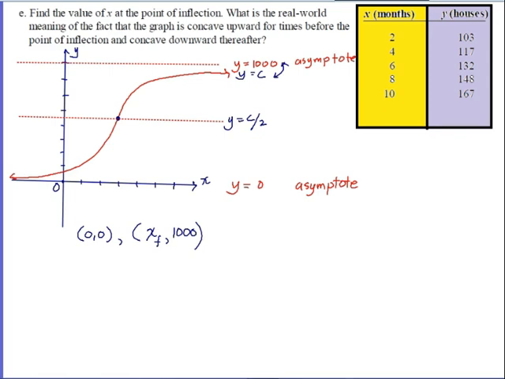So our point of inflection is in the middle of this. This is our C, this is 0. So our point of inflection is 0 plus C, which is 1000, all over 2. Meaning that at y equals 500, that is where the point of inflection comes in.